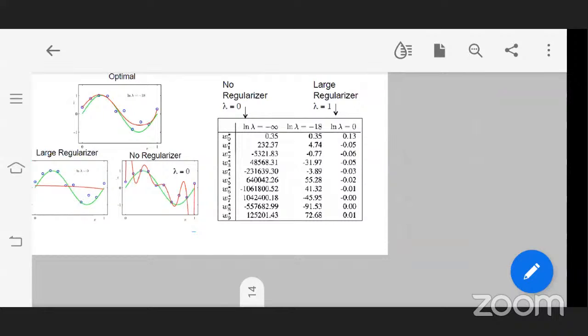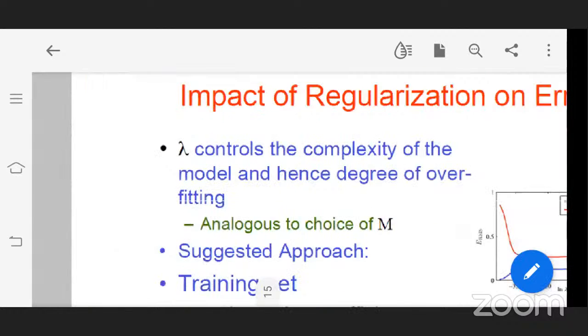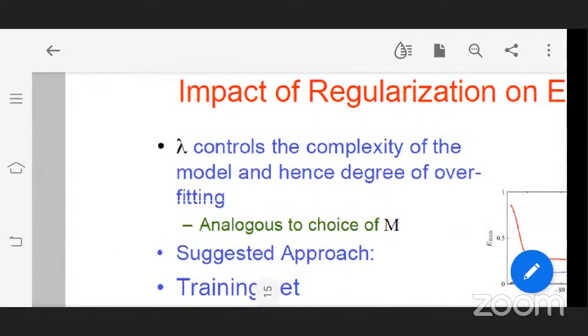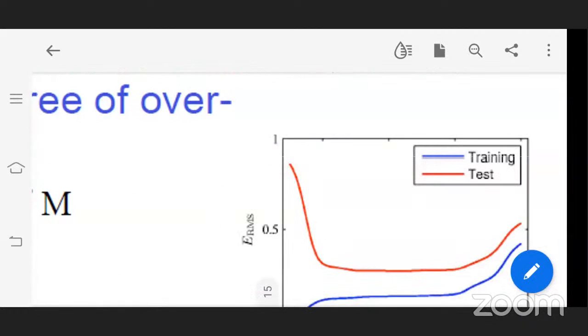This slide gives you an idea of regularization on the error. See what happens in overfitting: training error goes to 0, but testing error goes very high. But when you use regularization, the training error will not go to 0.